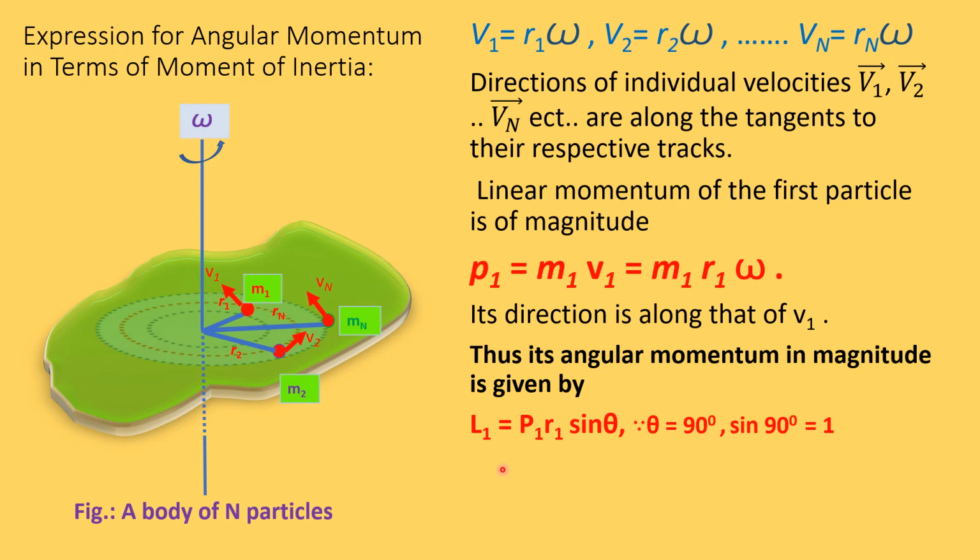Therefore, L1 is equal to P1 R1. Substitute the value of P1, that is m1 R1 omega, and multiply with R1. If you do the calculation, you will get L1 is equal to m1 R1 square omega.